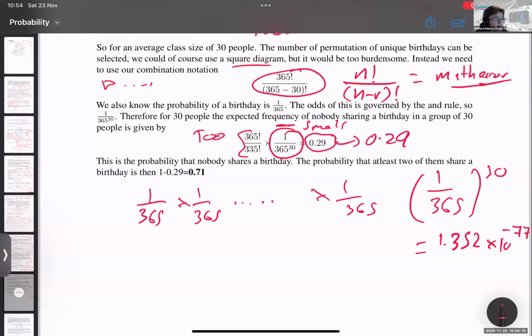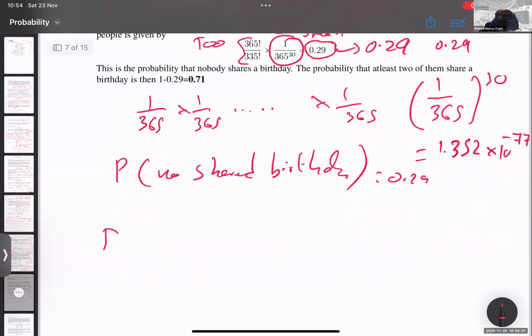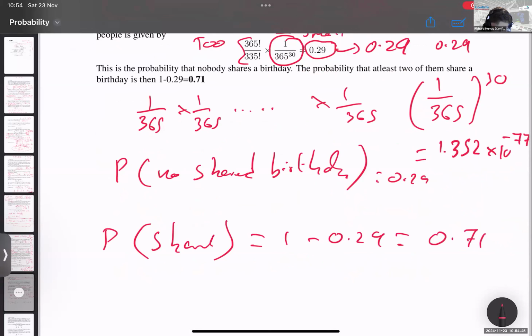So the odds that nobody in a group shares a birthday is 0.29. Then the probability of no shared birthday is equal to 0.29, and the probability of a shared birthday is equal to 1 minus that, which is 0.71.